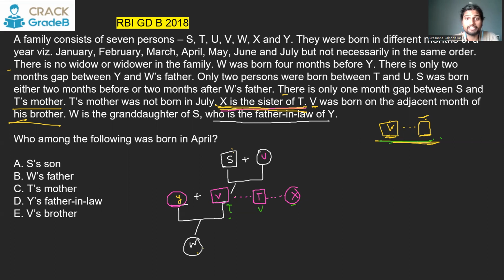The ambiguity is just about V and T. Now let's write the months. The months will start from January, February, March, April, May, June, and July. So there are these 7 months in which these 7 people are getting born. We just have to fill this information here in this place.